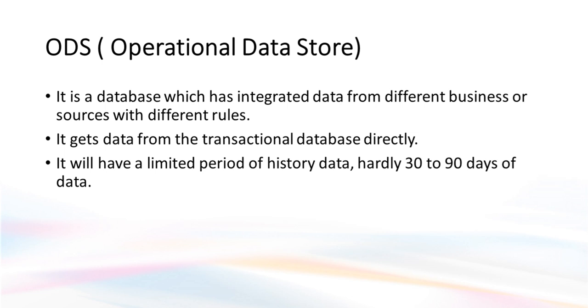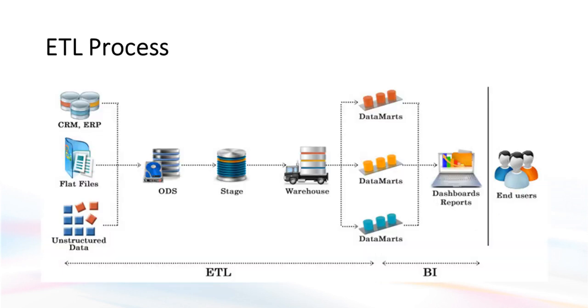So the operational data source seems like a staging area, but it is not 100% a staging area. This operational database has the integrated data, but the data keeps updating every 30 to 90 days. From this operational data source, we will pull the data again and put it into the stage.